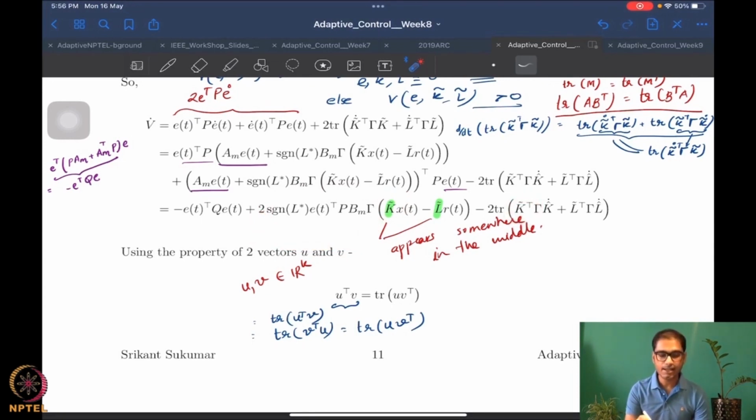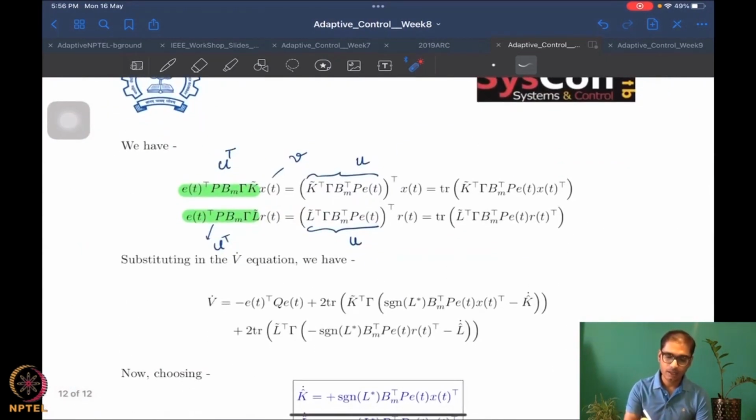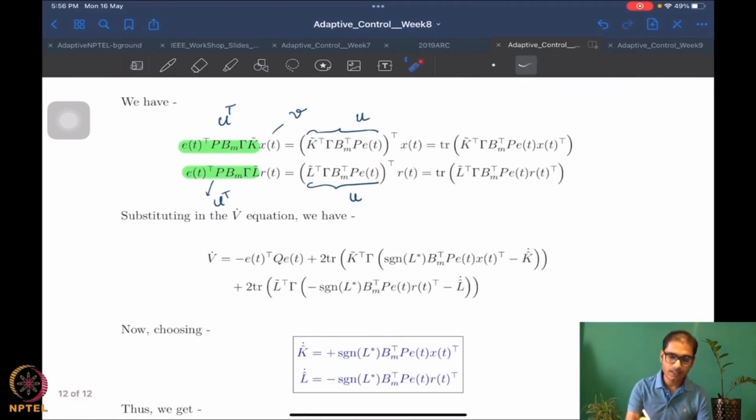Similarly for the L tilde, here it is somewhere in the middle with no trace. I want it on the left inside a trace function, and that's exactly what happens. There is a K tilde transpose in the beginning inside a trace function, and then again a trace function with L tilde transpose in the beginning. So we substitute back into the V dot equation.